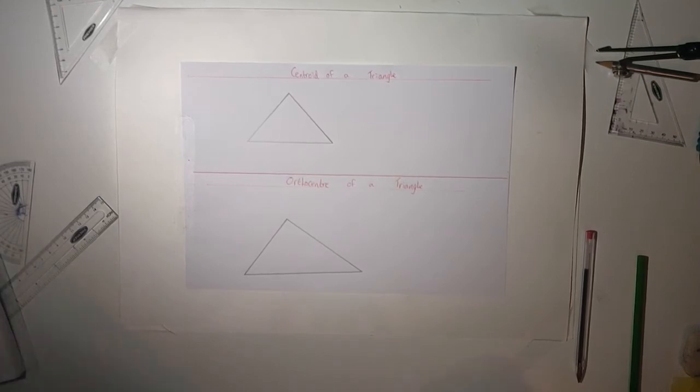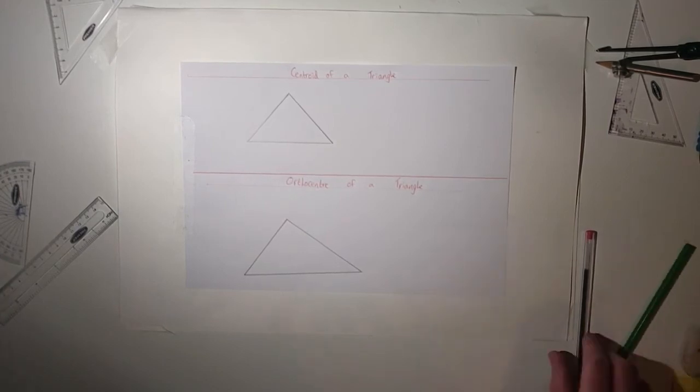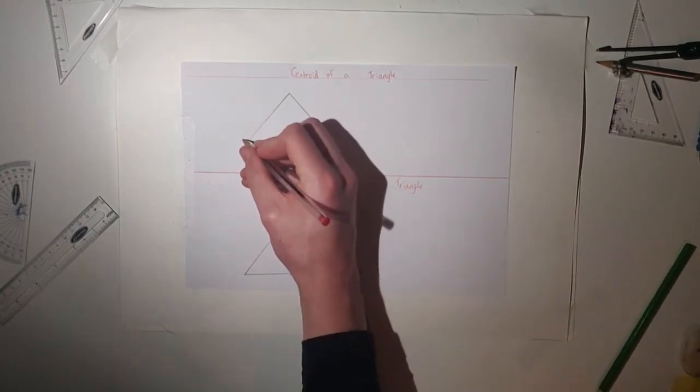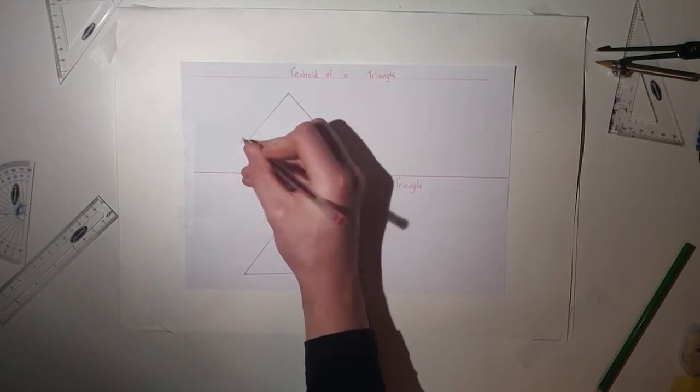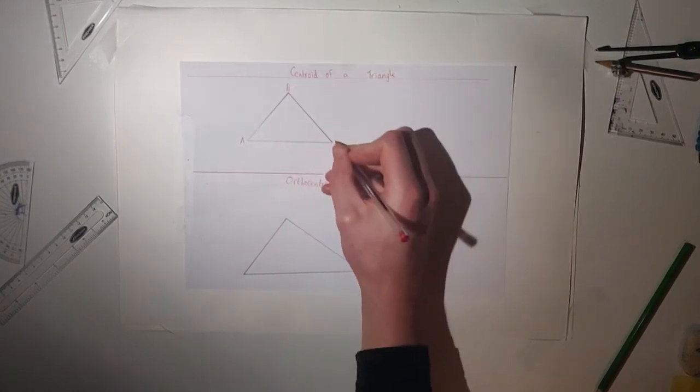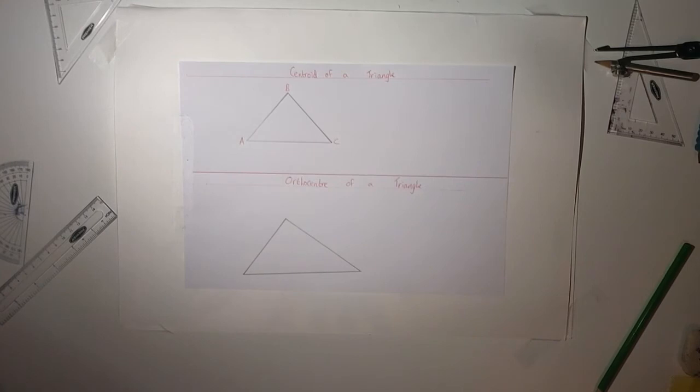So in this triangle, what I want to do is give each of these vertices, or the tips, names. So we're going to call them A, B, C. So what we have to do, because we're doing the centroid, is get the perpendicular bisector of every single side.